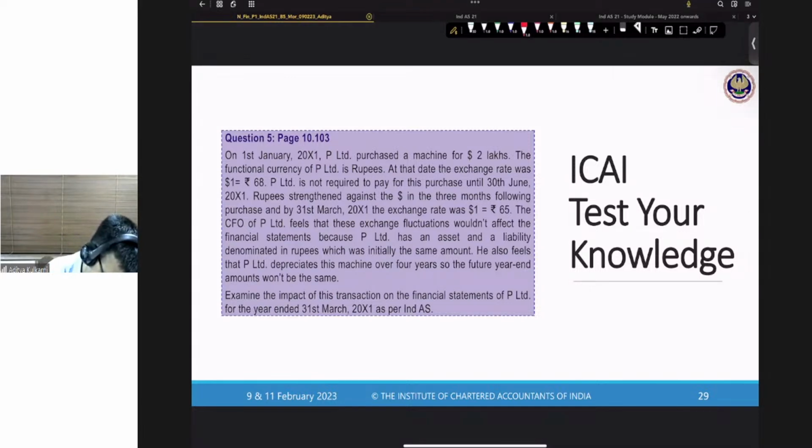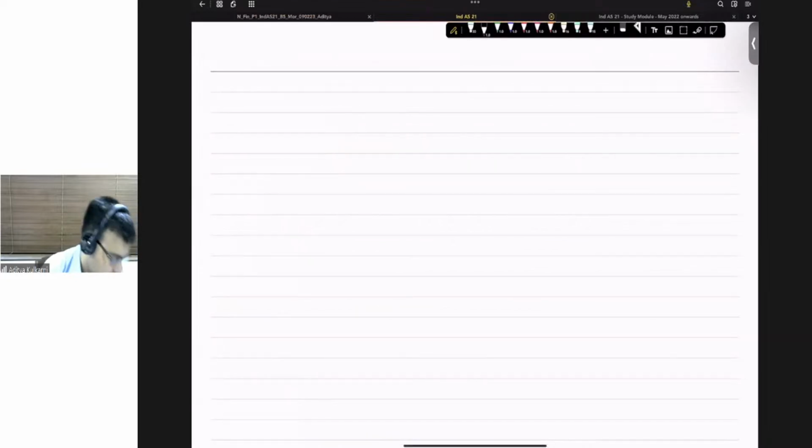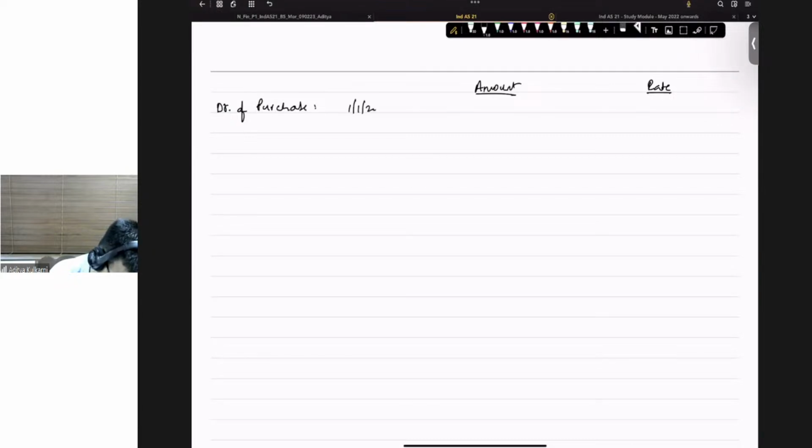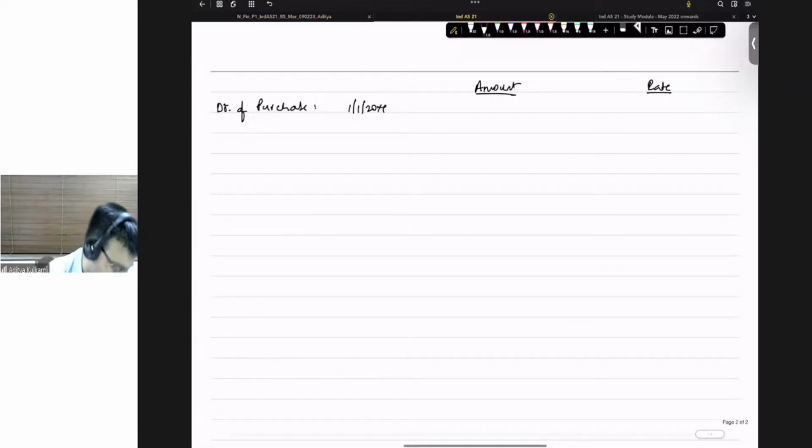On 1st January, P purchases a machine for 2 lakhs. Okay, so we'll just write the facts here. Yeh sab study module ka question hai. Amount, rate, date of purchase: 1st January 20x1, for $2 lakh.